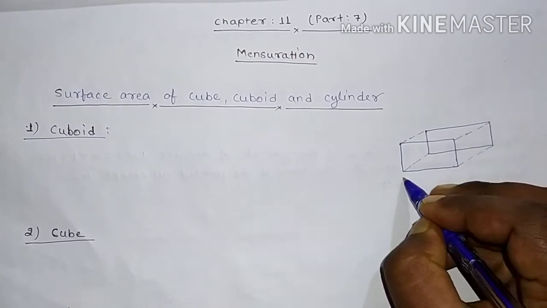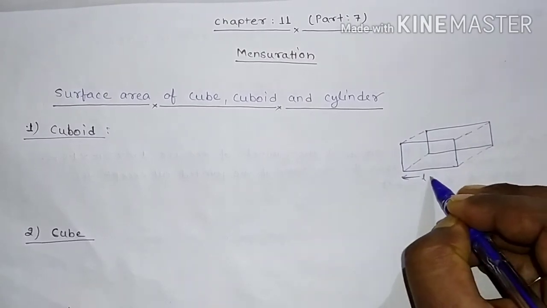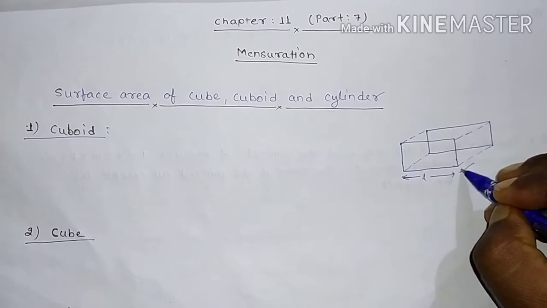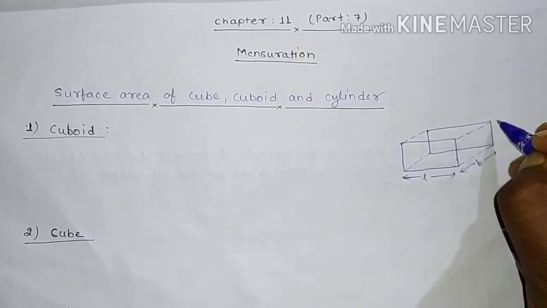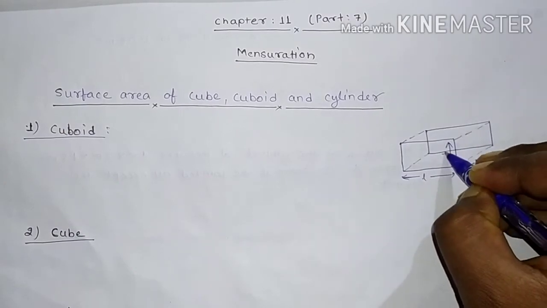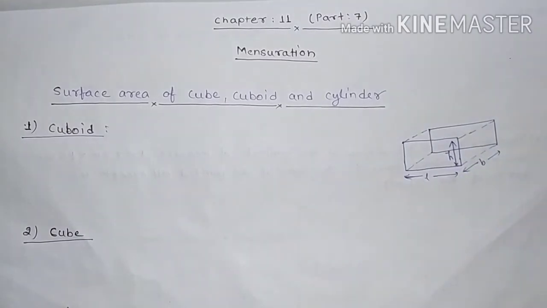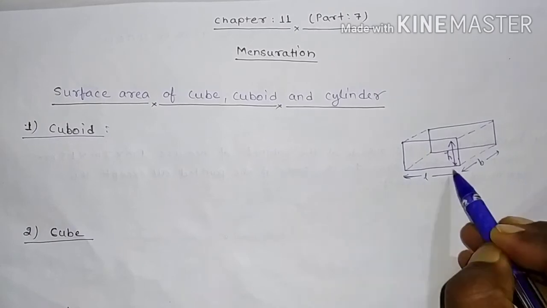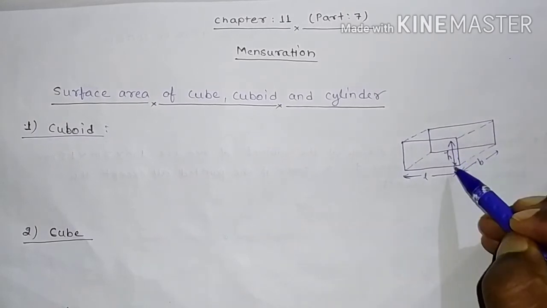Now let's suppose this is length, this is breadth, and this is height. Now we are going to discuss the surface area of a cuboid.